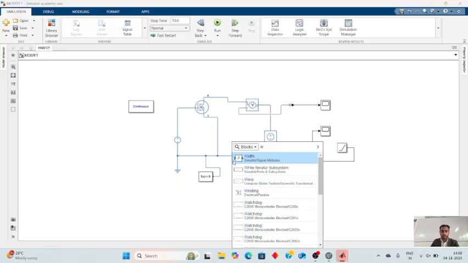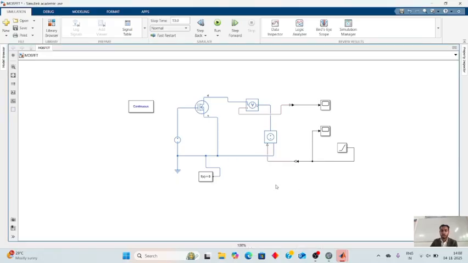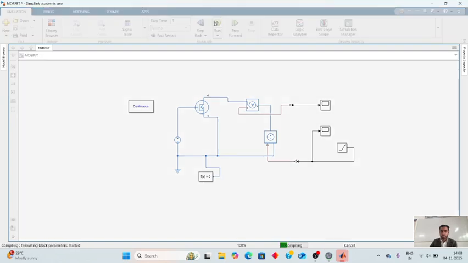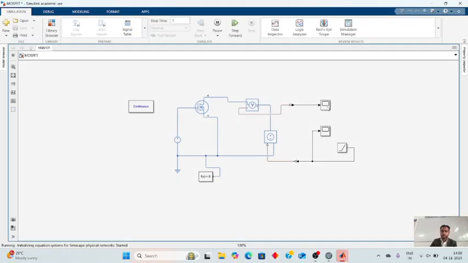So this is all about the simulation. To run the simulation, we set the stop time to 1 second. Then we run the simulation and check the output.